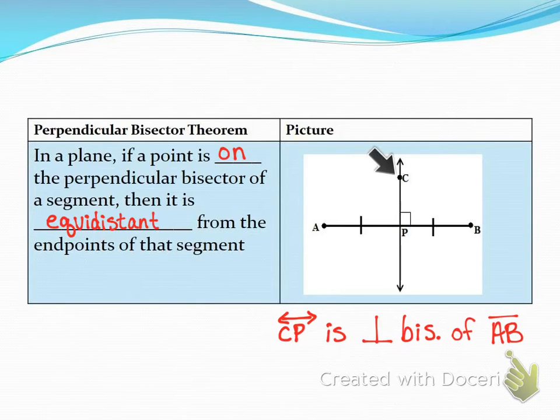So because C is on the perpendicular bisector, that means the distance from C to A has to be the same as the distance from C to B. So these are congruent. Or you could write a statement about it. AC is congruent to CB.